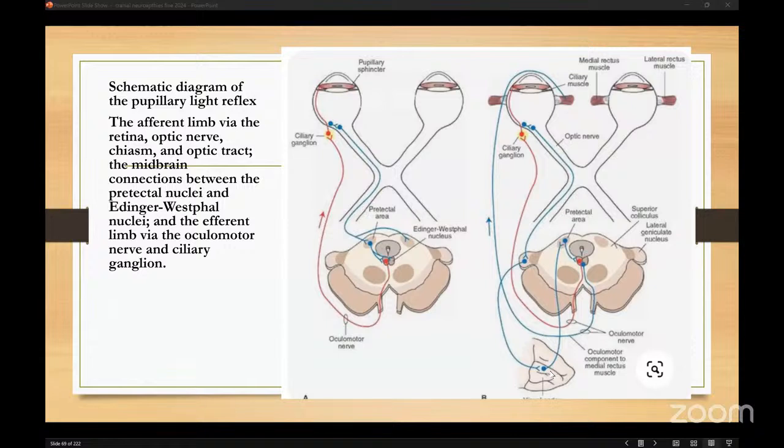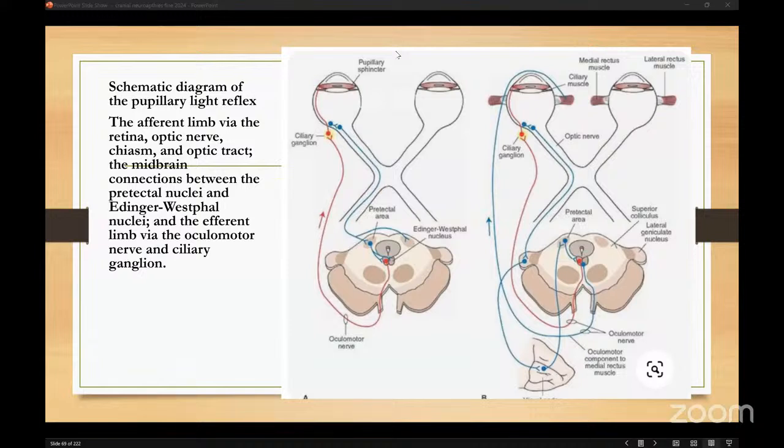Again, it goes to the Edinger-Westphal nucleus, and then to the nucleus for convergence, and then to the medial rectus nucleus of both sides. So the only difference is it goes to the cortex, then from cortex via the corticotectal area to Edinger-Westphal, and Edinger-Westphal to the medial rectus subnucleus, and then causes the convergence. That is the difference.